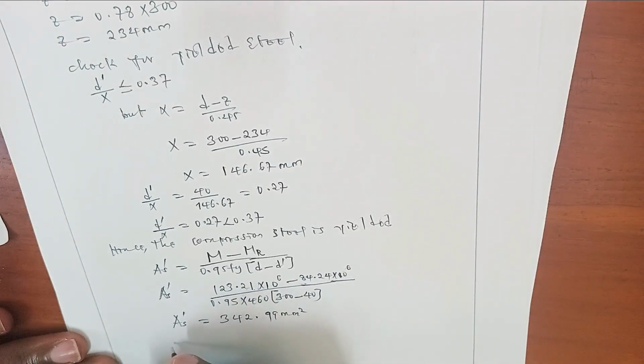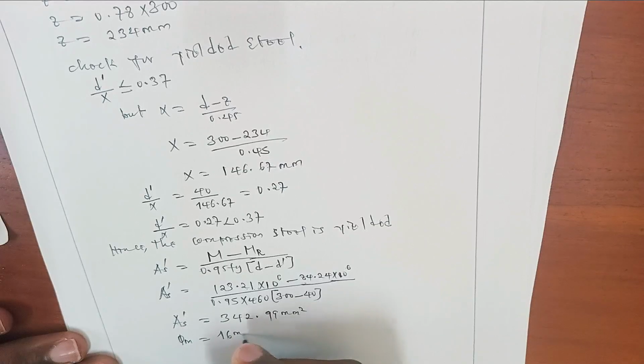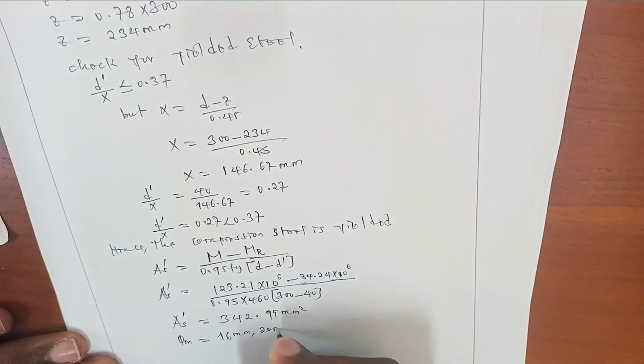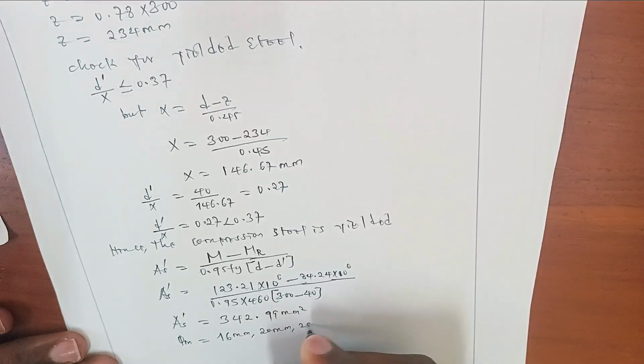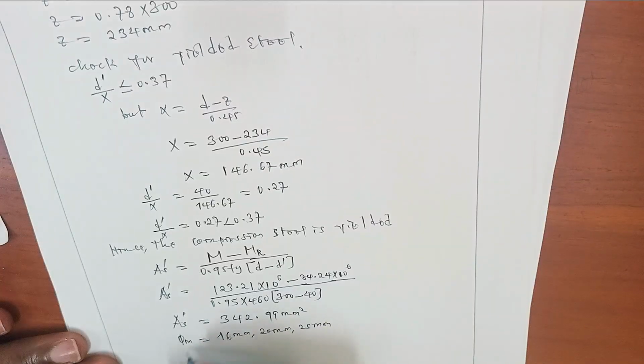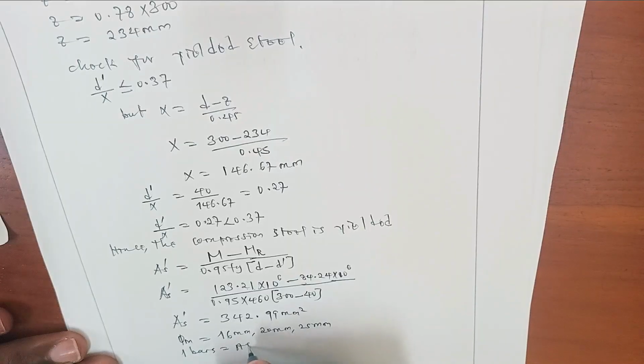Now, we know for beam bar diameter is from 16 millimeter, 20 millimeter, 25 millimeter. For one bar, the area is equal to pi times bar diameter squared over 4.